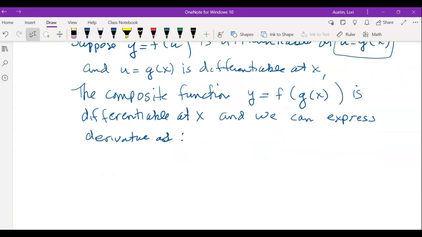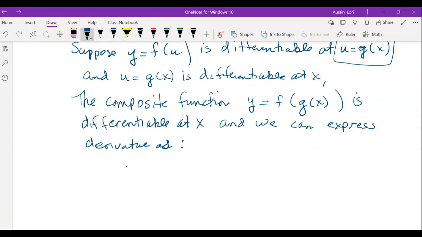All right, we're going to express the derivative two ways. The first way is my preferred method. It's using dy dx, the derivative of my original y function in relation to x.